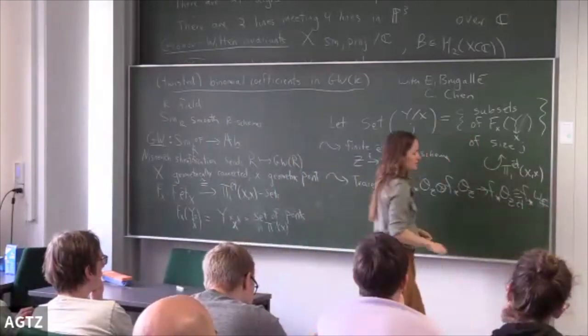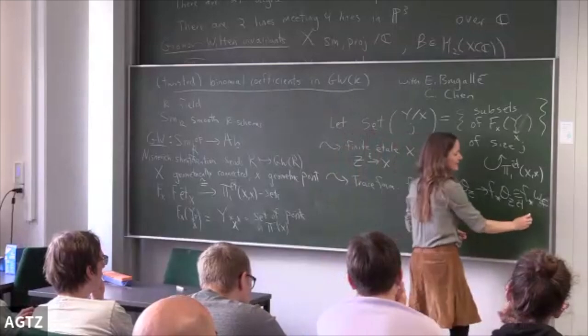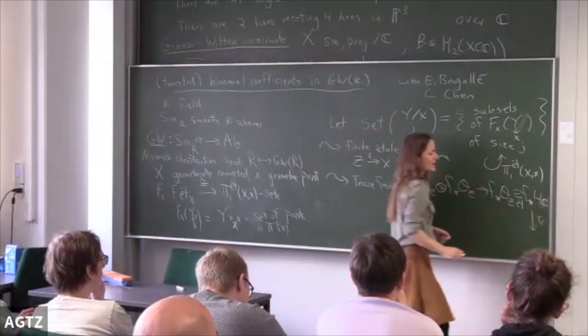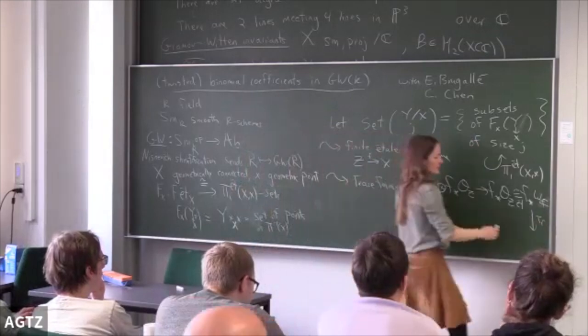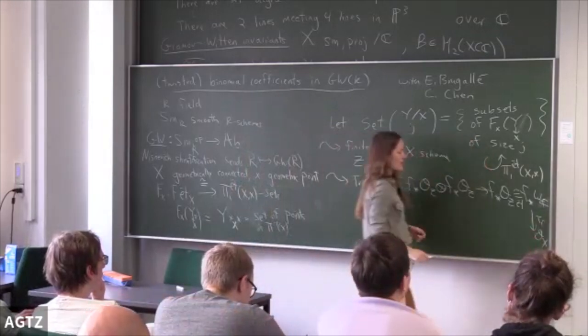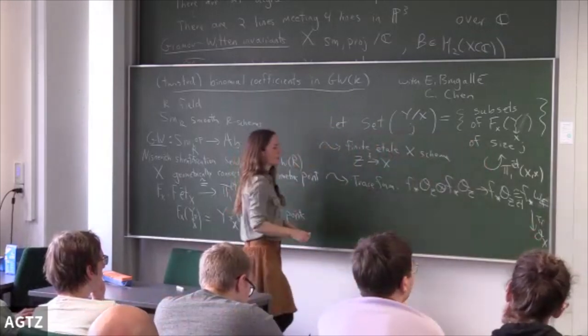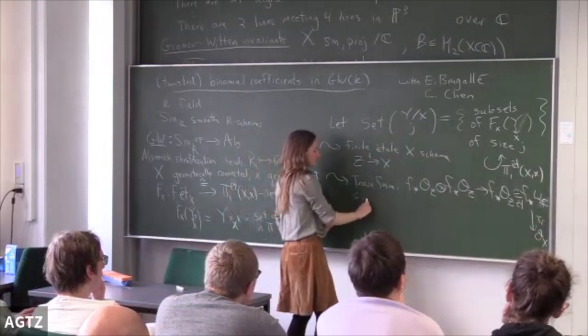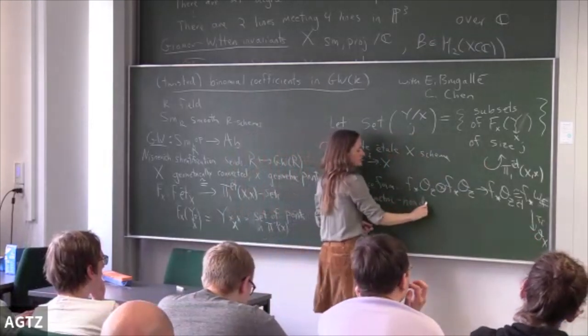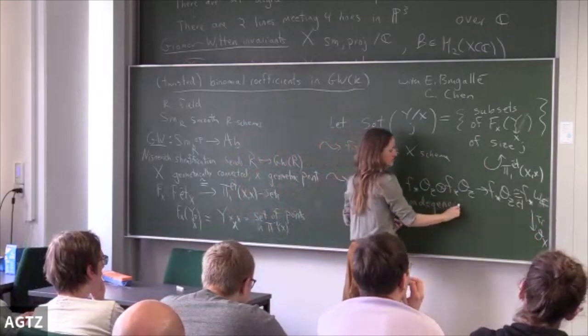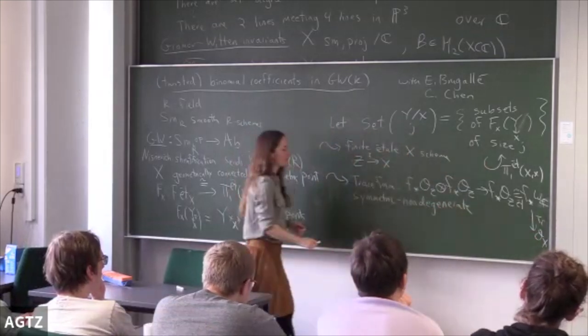And then Serre duality says that there's a trace, the sum of all the Galois conjugates down to O of x. And this is a bilinear, symmetric, non-degenerate bilinear form.